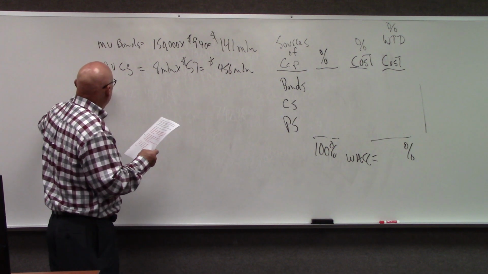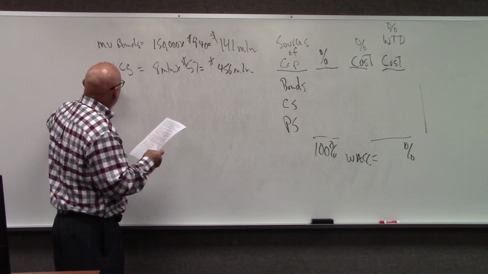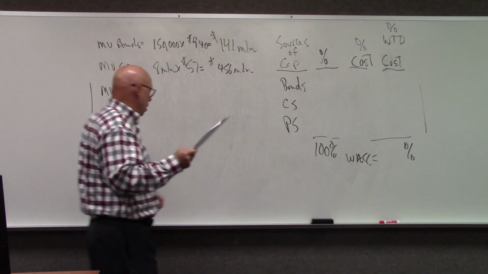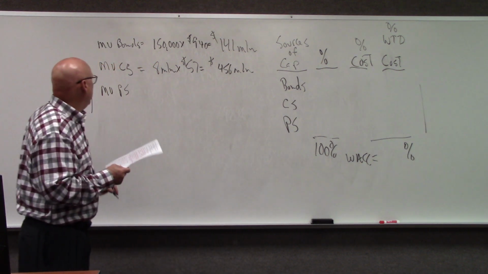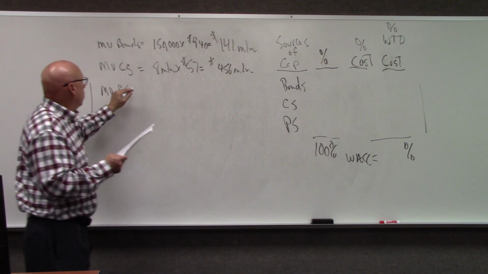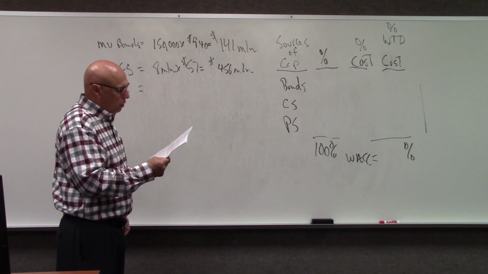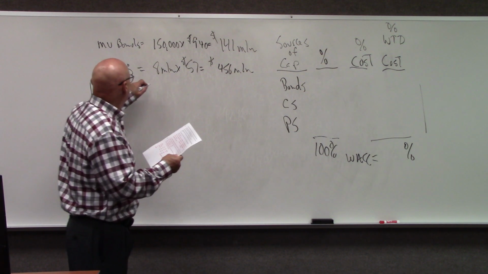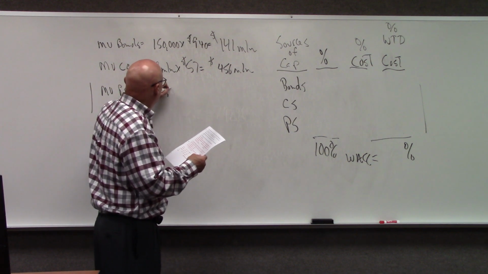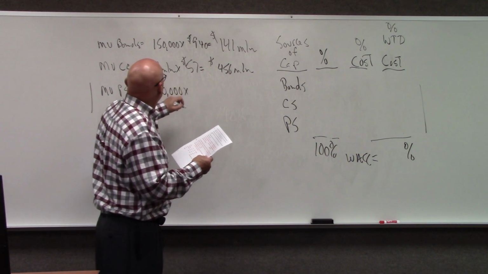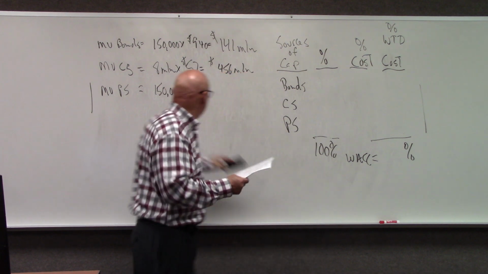Then we have market value of bonds. I'm sorry, of preferred stock. I started to make a B, and that works out just fine. Not bonds, we're on preferred stock.